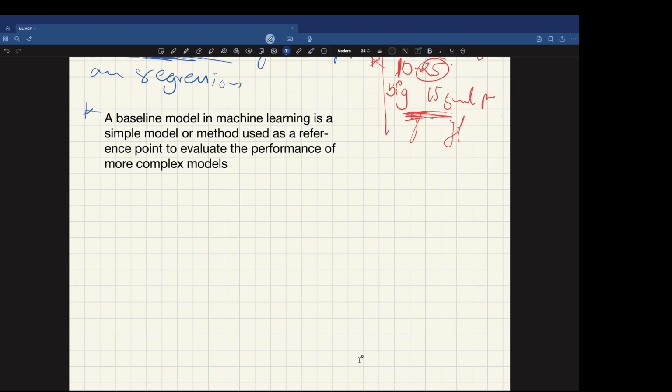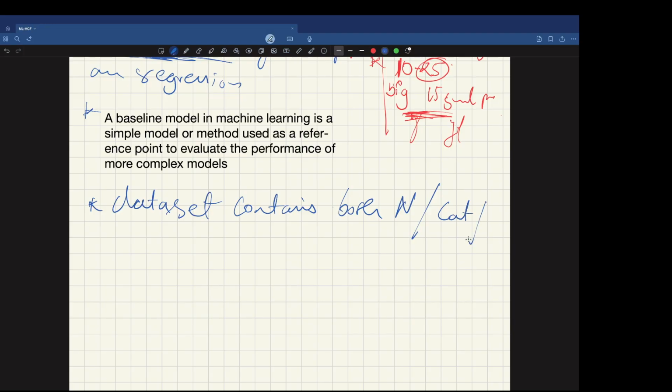Okay. Next point is data contains both numerical and categorical features. When your data set contains both numerical as well as categorical features, we know decision tree works for both classification and regression.